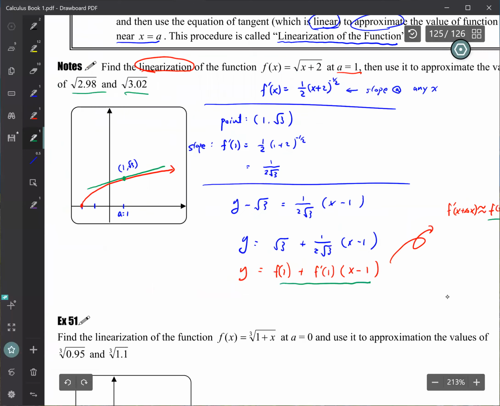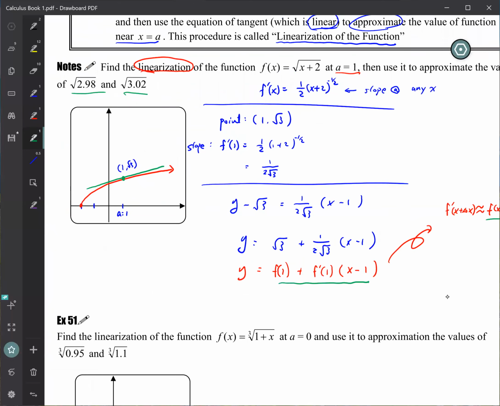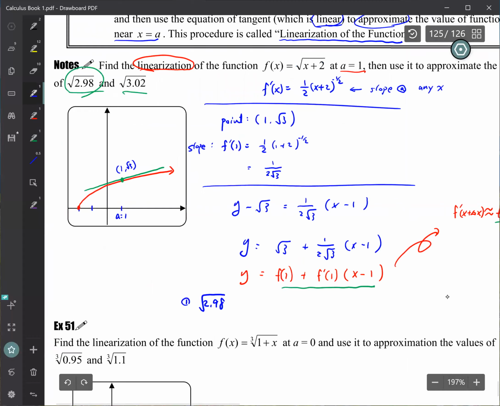So we want to use this to estimate 2.98. Okay, so let's write it here. The first one is 2.98. So you look at the picture. If I want to get 2.98, and then you look at the function, what should the x value be?